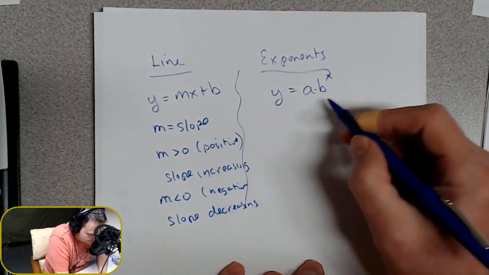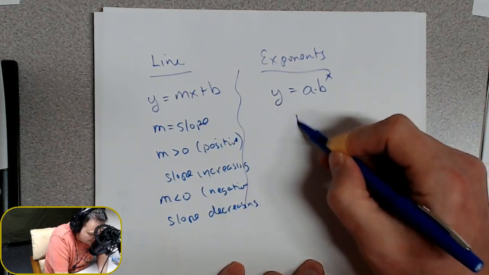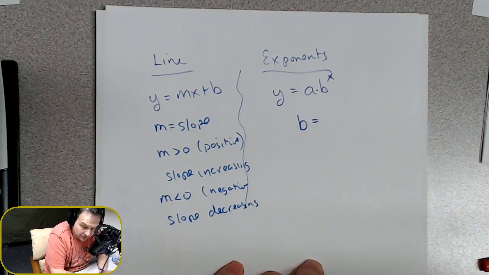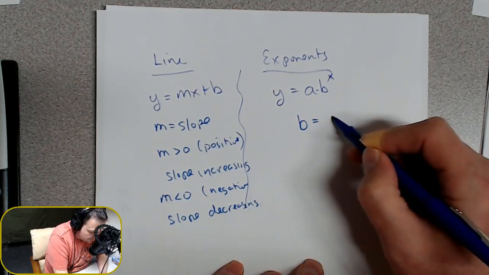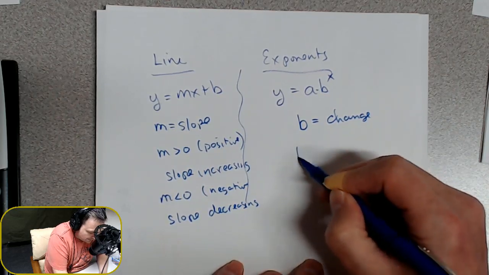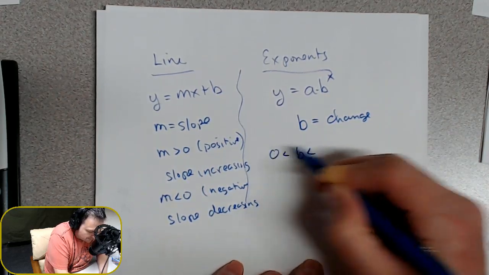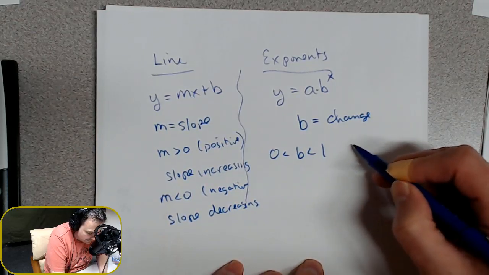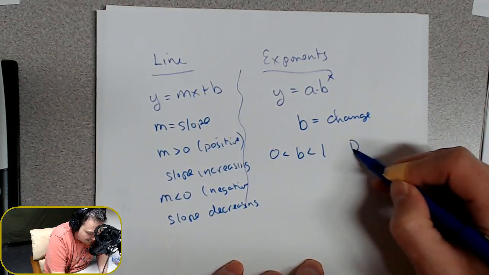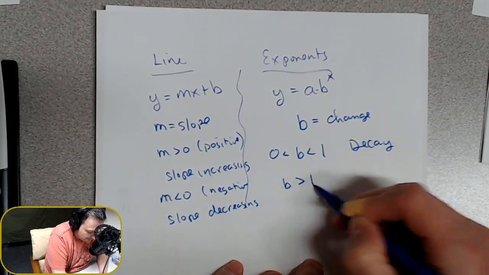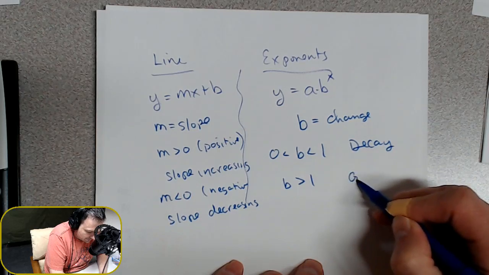So for exponents, remember b, we don't call it the slope. B was the change. When b was between 0 and 1, we called that exponential decay. And when b was greater than 1, that was growth.